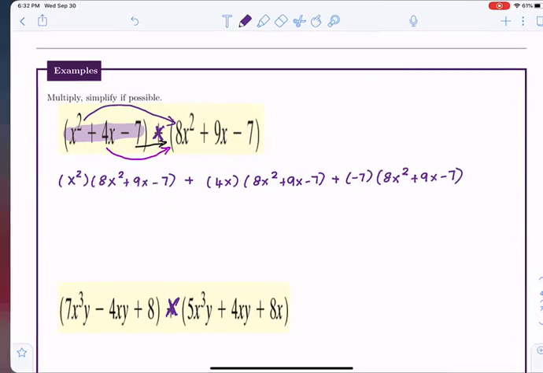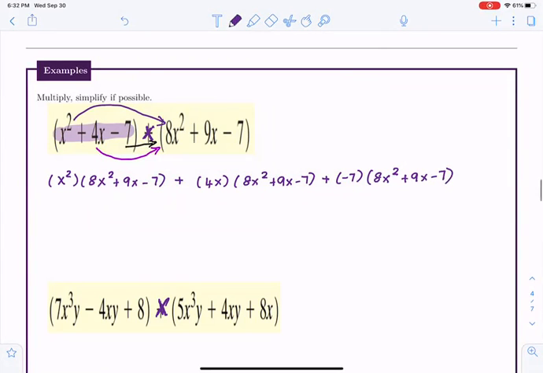So the first term we have to distribute x squared. So 8x squared times x squared is x raised 4, plus 9x times x squared is x cubed, minus 7 times x squared is 7x squared.